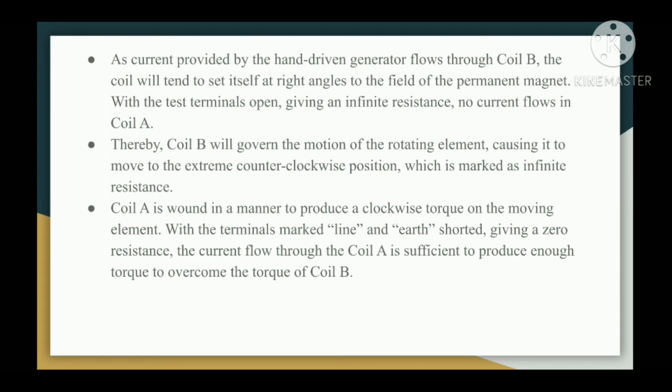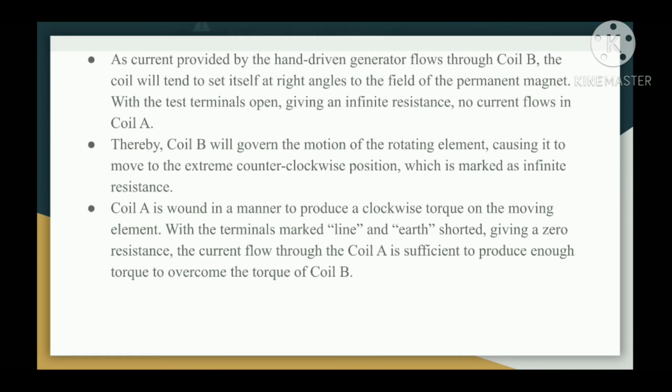As current provided by the hand-driven generator flows through coil B, the coil will tend to set itself at right angles to the field of permanent magnet. With the test terminals open, giving an infinite resistance, no current flows in coil A. Thereby coil B will govern the motion of the rotating element, causing it to move to the extreme counterclockwise position, which is marked as infinite resistance.